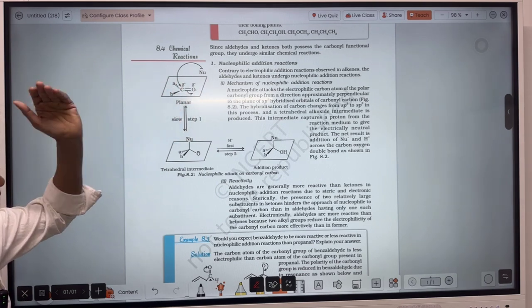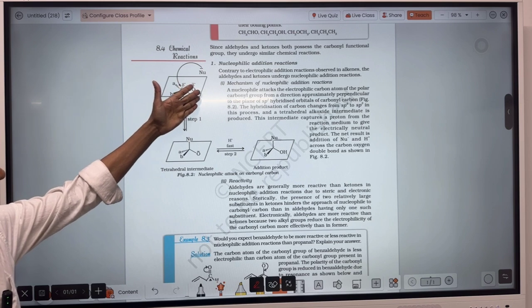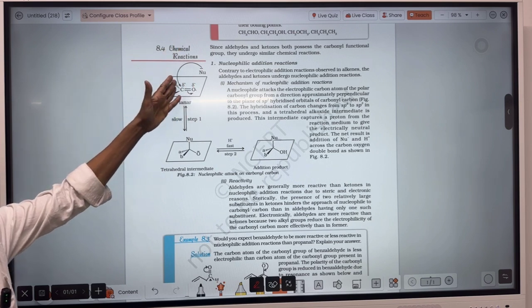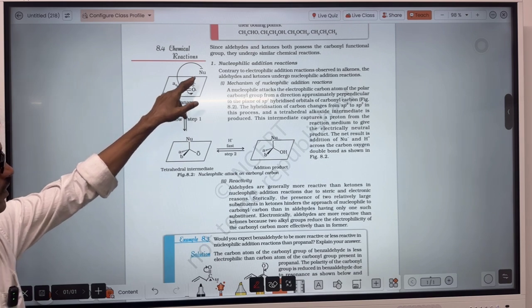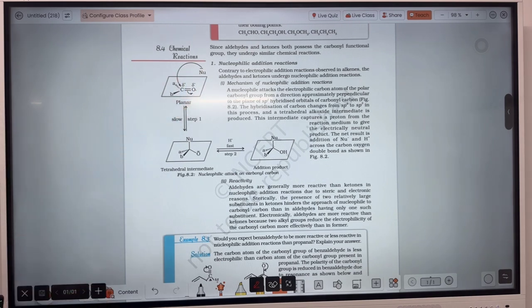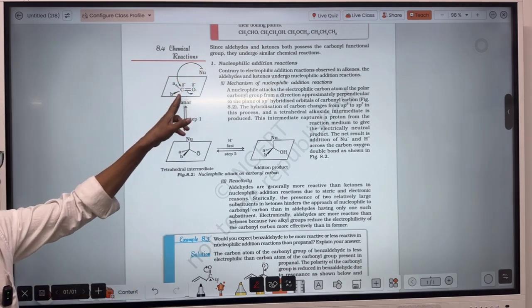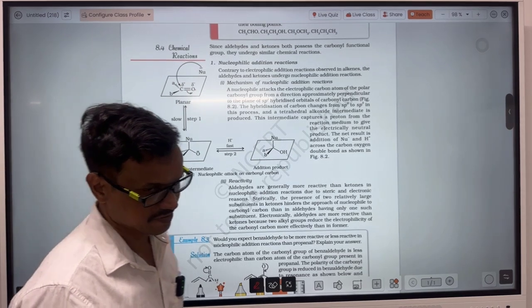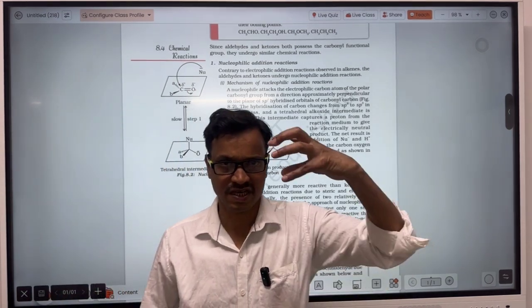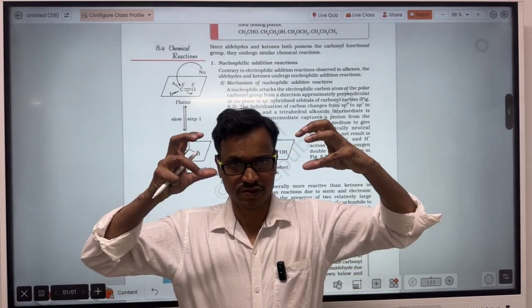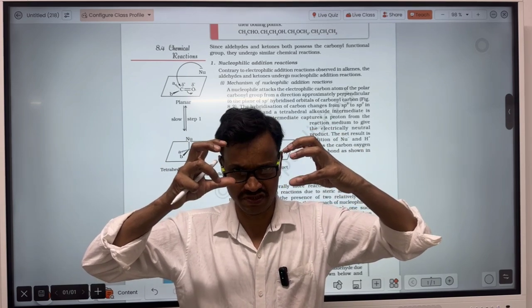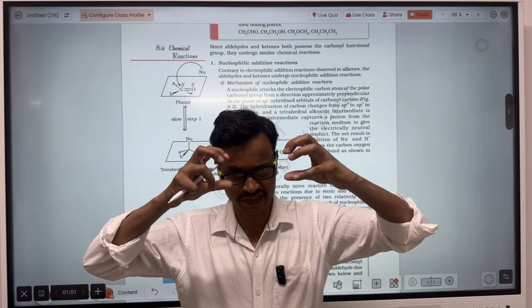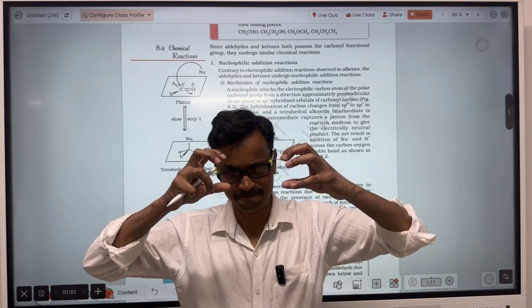This B is perpendicular to this plane, in that direction, and A is perpendicular below that plane. So the nucleophile will approach this acyclic carbon atom from this plane. Why? Because of the structure: between the acyclic carbon atom and this oxygen, a sigma bond will be there, and it is on this plane.